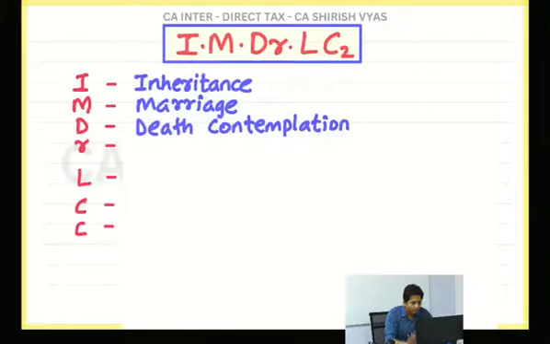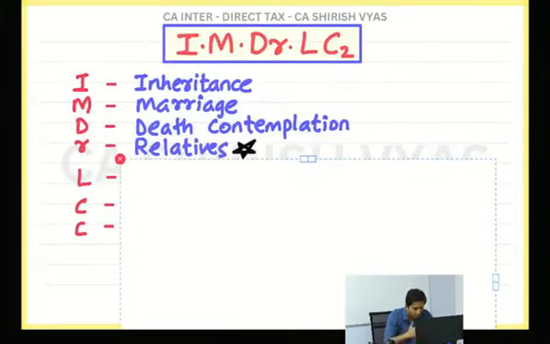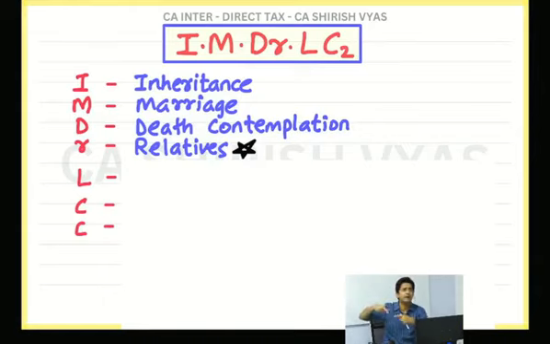For the timing, just move on. Because I want to finish the keyword of I am Dr. LC. Once I finish this, then I will explain what is the definition of relative. Right now, just take it casually that gift from relatives is also fully exempt. What is relative? To be discussed after some time.